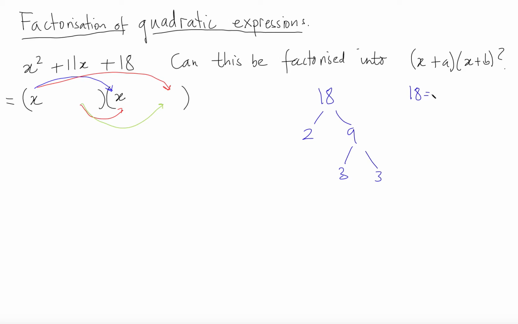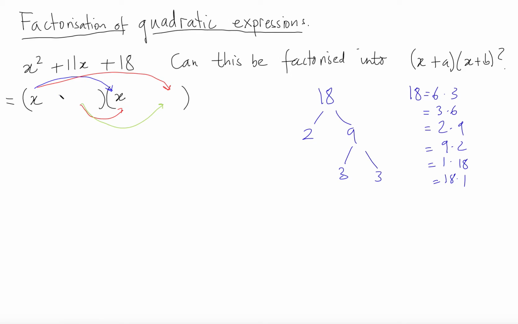So 18 could be written as 6 times 3, 3 times 6, 2 times 9, 9 times 2, or even 1 times 18, or 18 times 1. Let's just try trial and error method to start with.